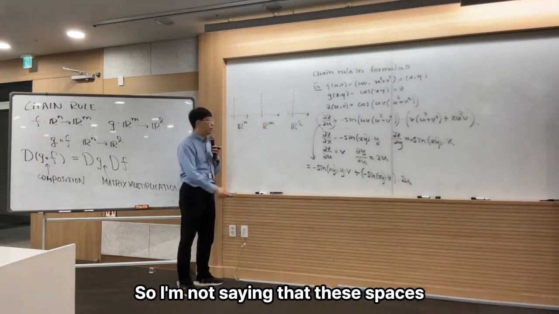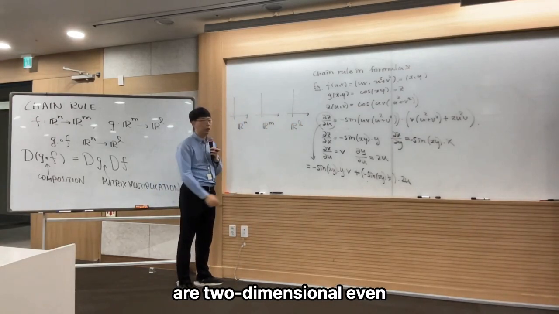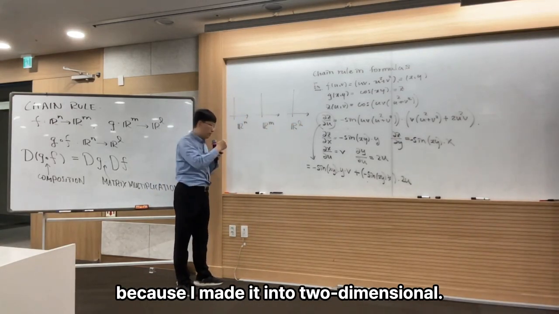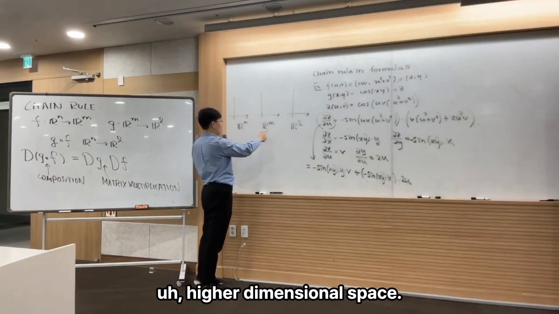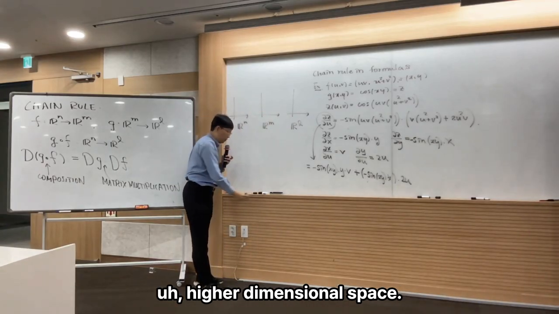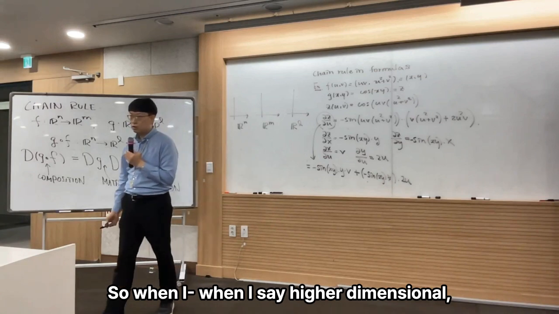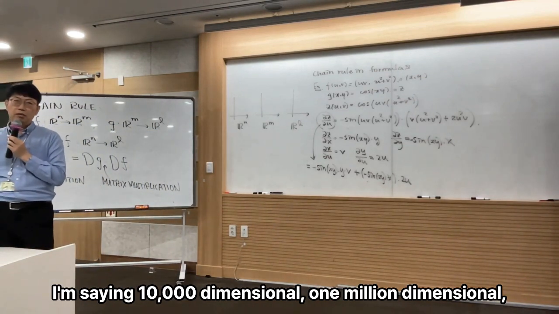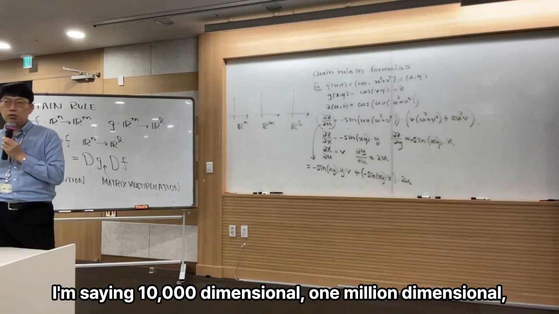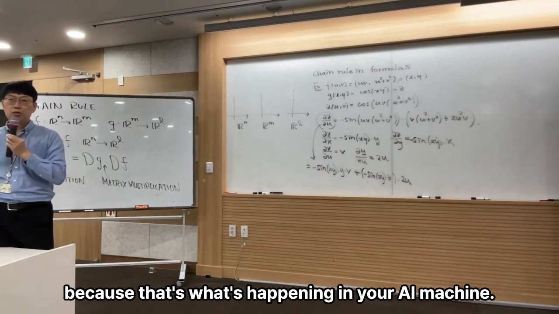I'm not saying that these spaces are two-dimensional, even though I drew them that way. This is just a symbolic picture of higher dimensional space. And when I say higher dimensional, I'm not saying three-dimensional or four-dimensional. I'm saying 10,000 dimensional, 1 million dimensional, because that's what's happening in your AI machine.